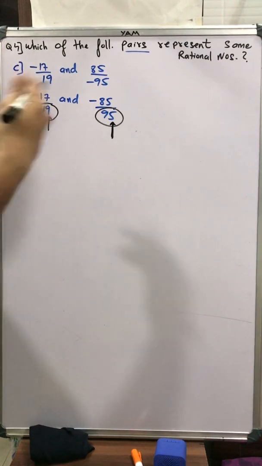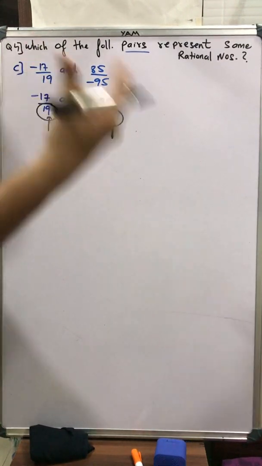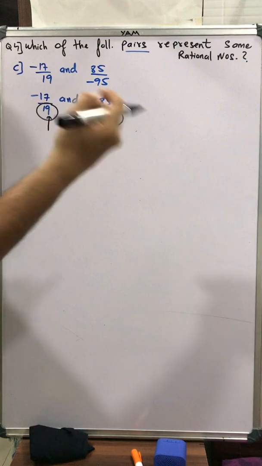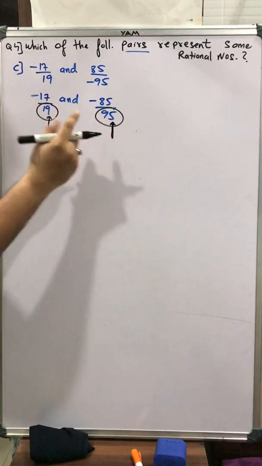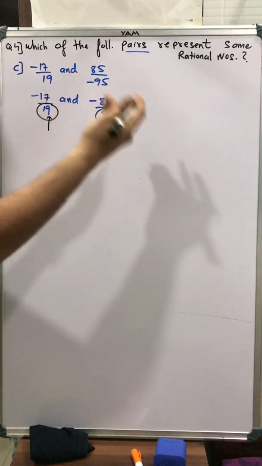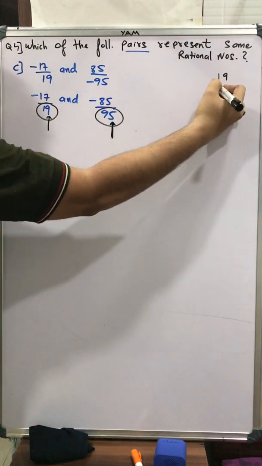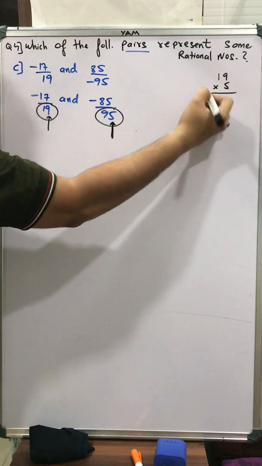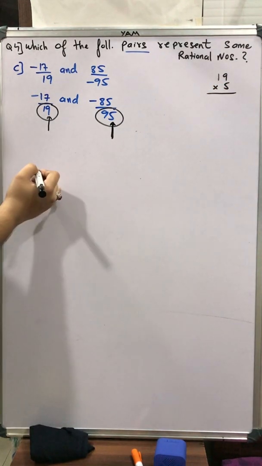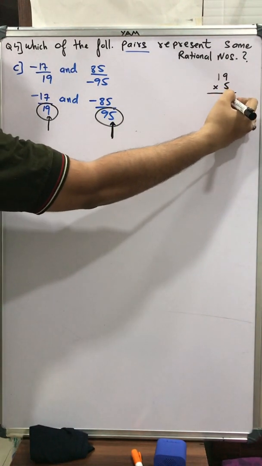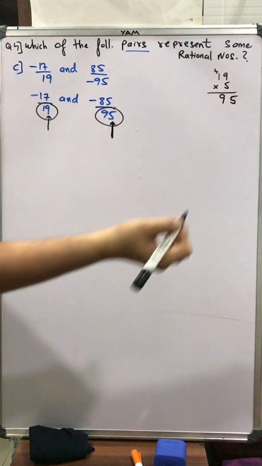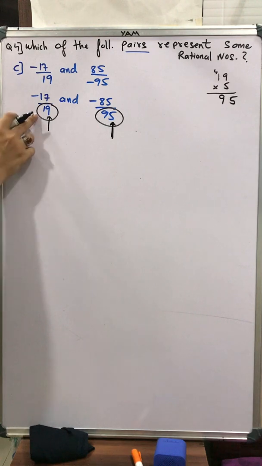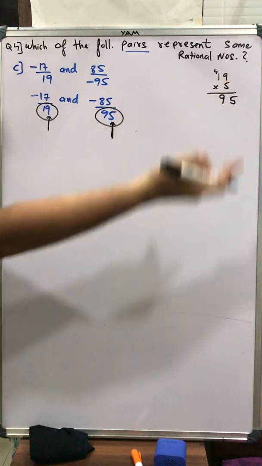So 9 fives are 45, and in 45 at the units place 5 comes, and in 95 also I can see 5. So this hints me out. Let's try 19 multiplied by 5. 5 nines are 45, carry 4, 5 ones are 5 plus 4, 95. Yes. So can I say if 19 is multiplied with 5, I get 95.